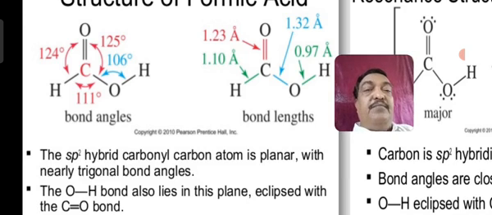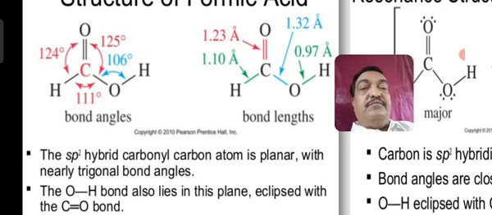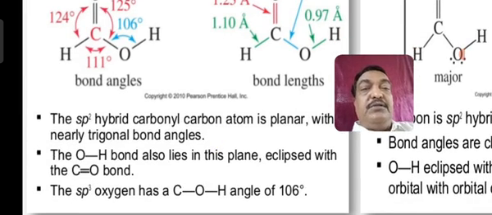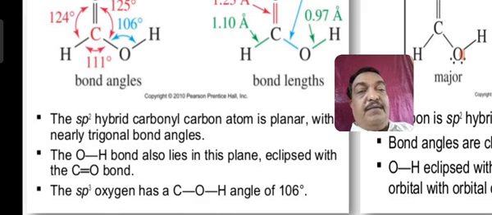The sp2 hybrid carbonyl carbon atom is planar. This molecule is planar with nearly trigonal bond angles. The oxygen to hydrogen bond always lies in this plane, along with the C double bond O. The carbon-oxygen-hydrogen bond angle is 106.